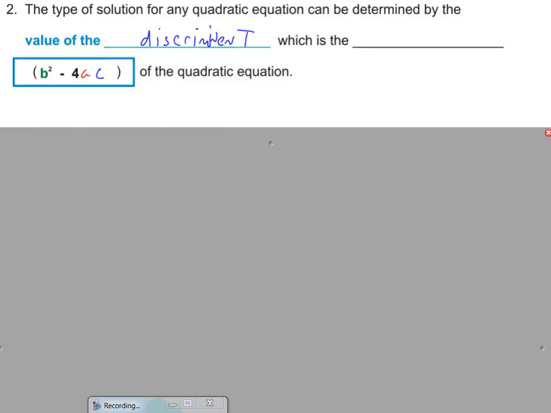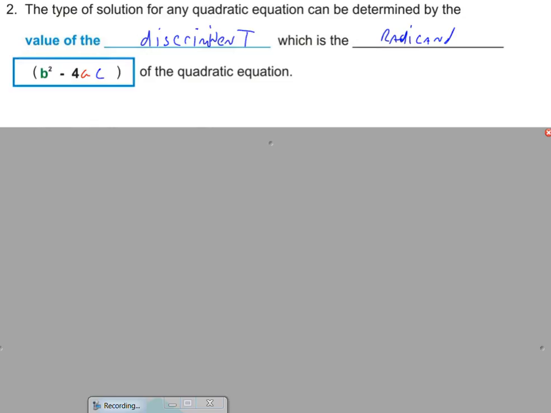Such is life. Oh, I know, because I probably wanted to say the radicand. That was probably my brain's thinking on that. The discriminant is the radicand. What's underneath the radical sign of the quadratic equation, the b squared minus 4ac? That's what it was. So we're looking at the radicand.